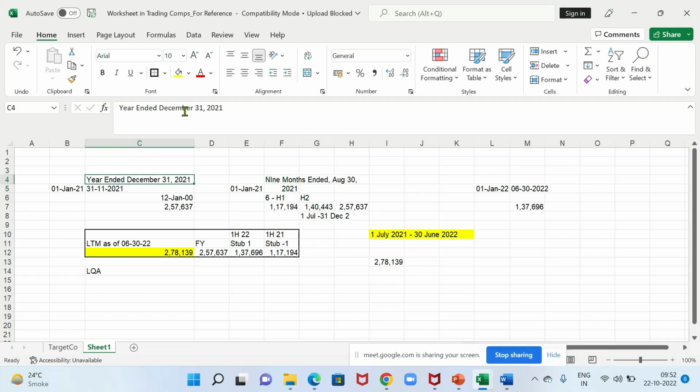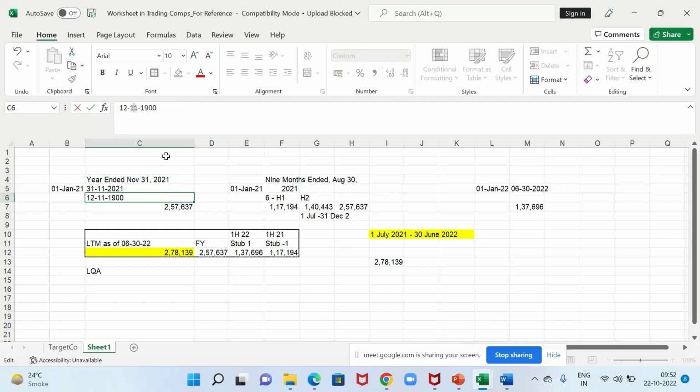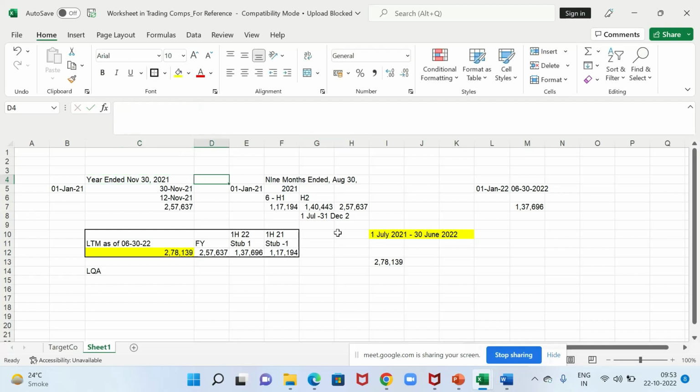Now it makes sense. This will be 30th November, December and August 8, so that makes 9 months.